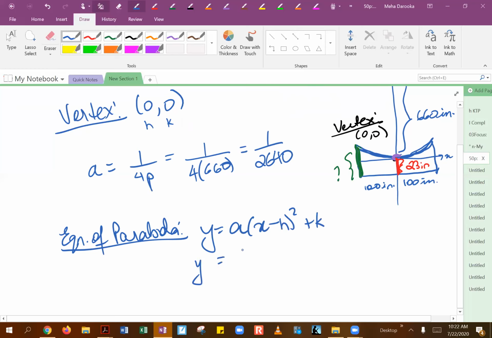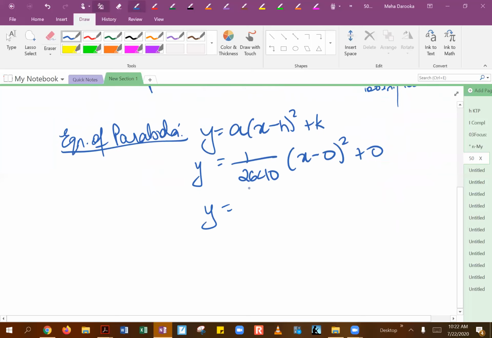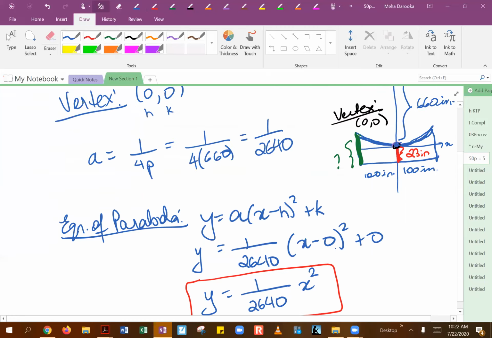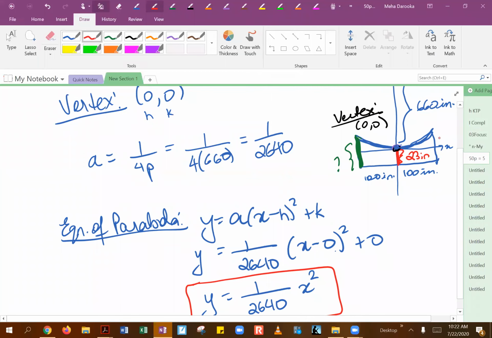So we've got A at 1 over 2640. We've got x minus h is 0. K is 0. So x minus 0 would, of course, just be x squared, and that plus 0 will actually disappear. So you just have y equals 1 divided by 2640 x squared, and that would be the equation of the parabola, which would be the shape of our glass mirror for this Hale telescope.